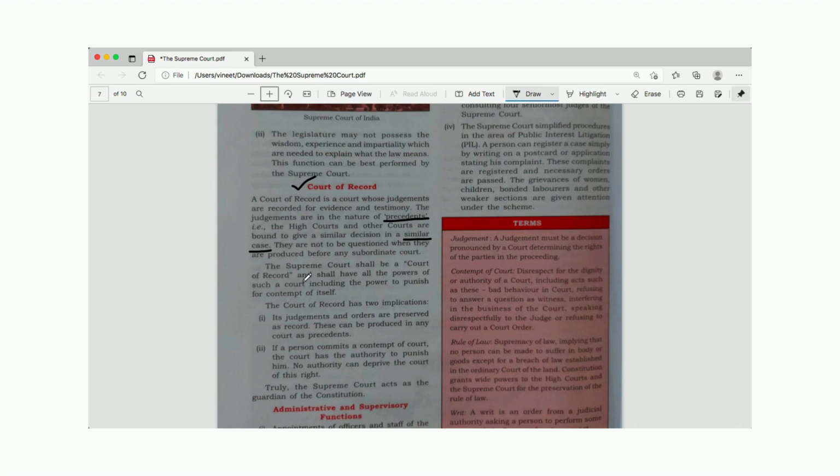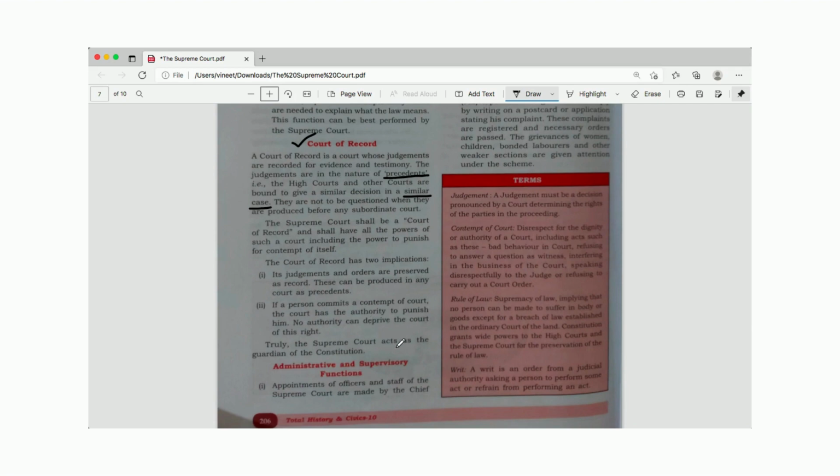So, the Supreme Court is a court of record because its judgments are taken as precedents by lower courts to make their decisions in similar cases. The Supreme Court also acts as a guardian of the Constitution because anything which goes against the Constitution is stopped by the Supreme Court.